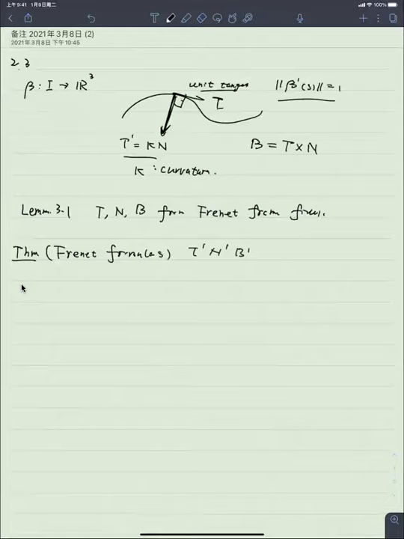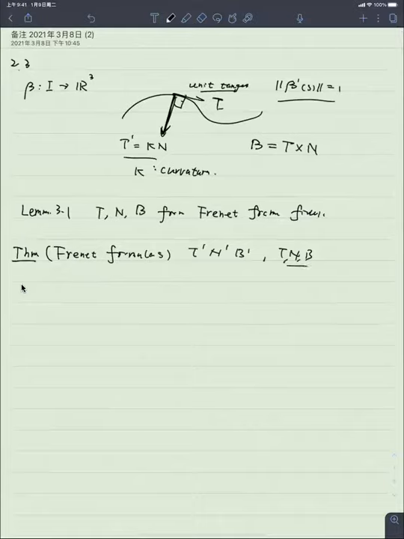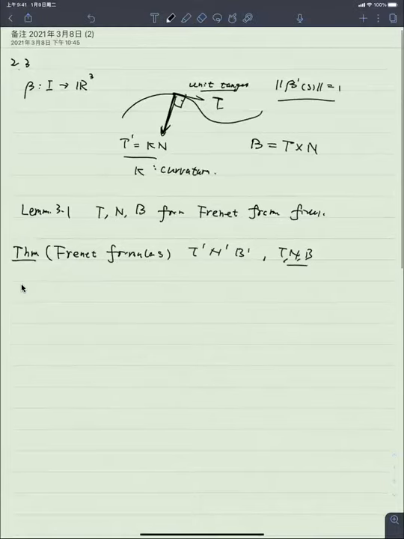Each change has a meaning in physics, so they are important. So we want to know the derivative of each of the three components. We want to use T, N, and B as the basis to express T prime, N prime, and B prime.